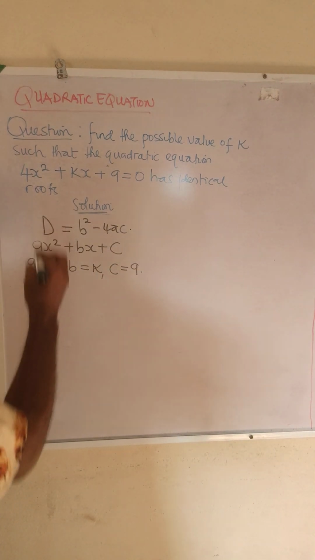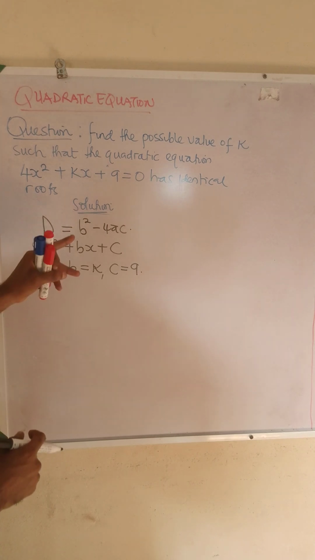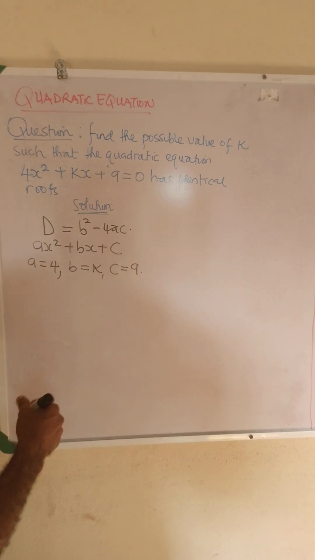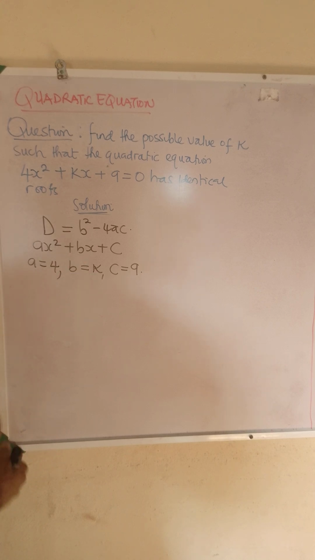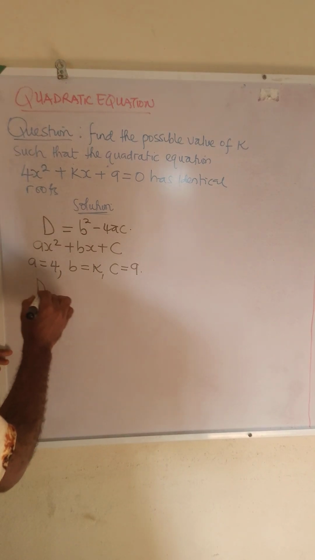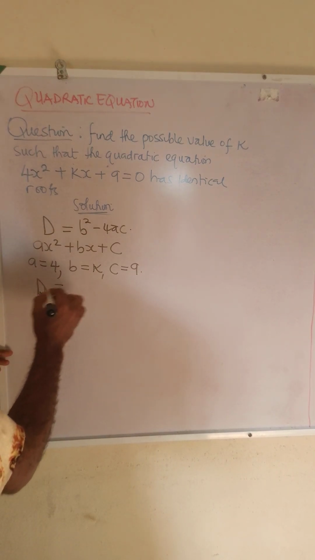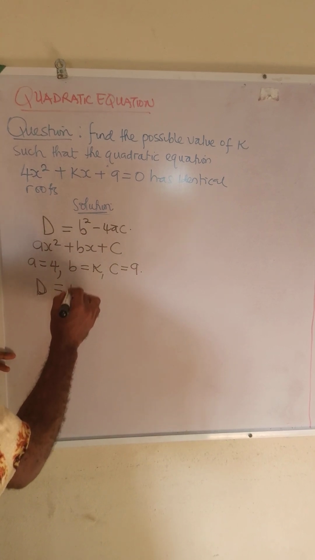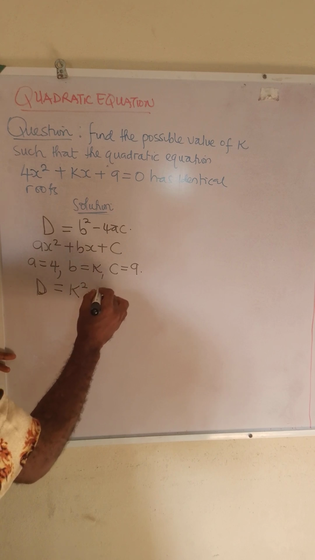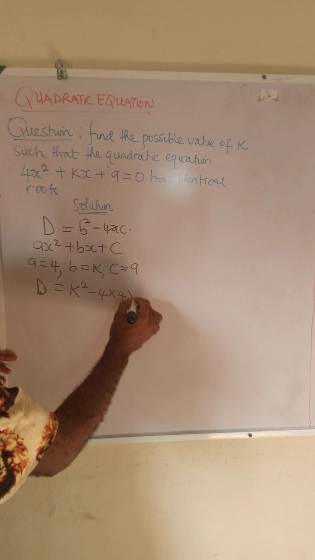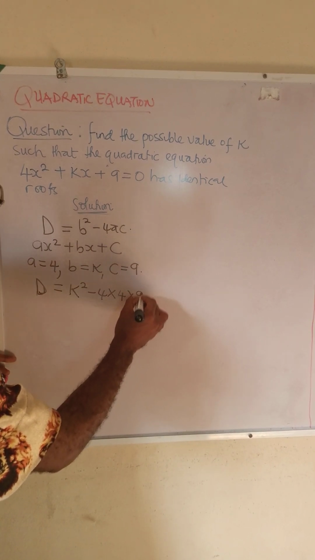So we use this discriminant. It is with the help of this formula that we can determine the value of k before we solve the quadratic equation. So D will be equal to, our b is k, and it is raised to power 2, so we have k squared minus 4 times our a, which is 4, times our c, which is 9.